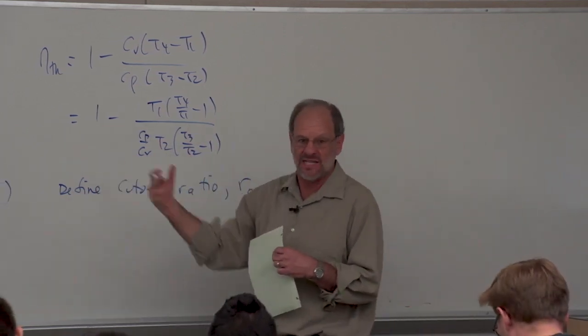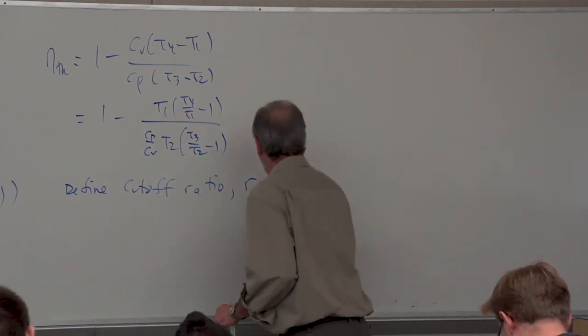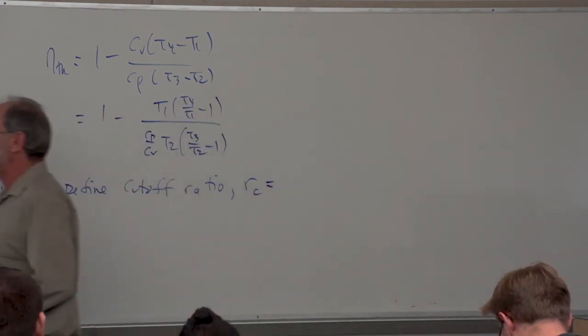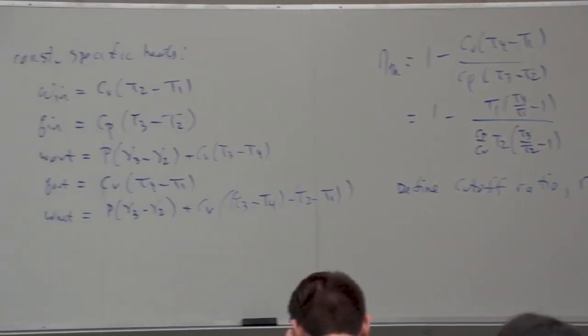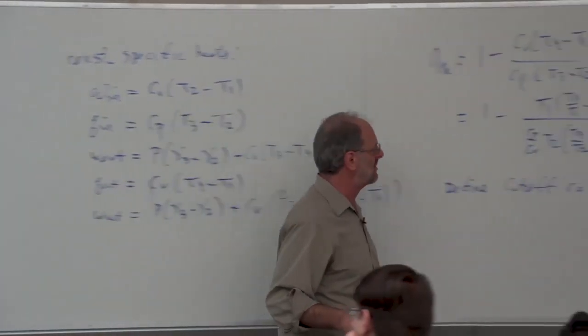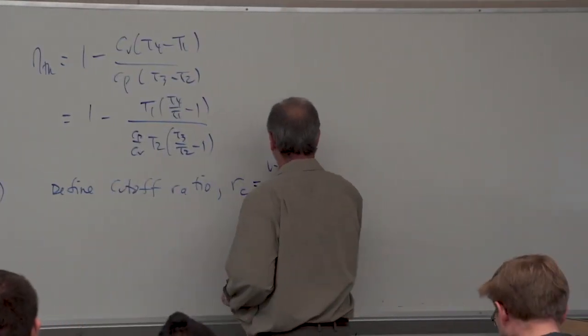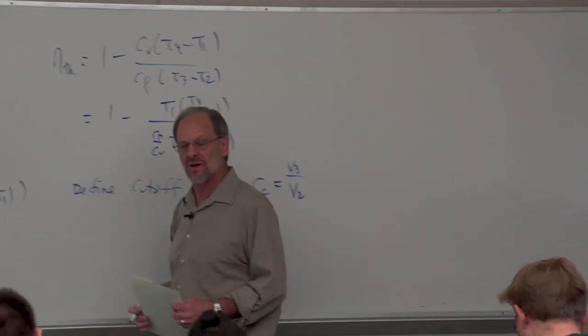So that's just V maximum over V minimum. This is called the cutoff ratio. And it's simply defined as the volume at the end of the heat transfer process divided by the volume at the beginning of the heat transfer process. So V3 over V2. Okay, so that's how we're going to define the cutoff ratio.